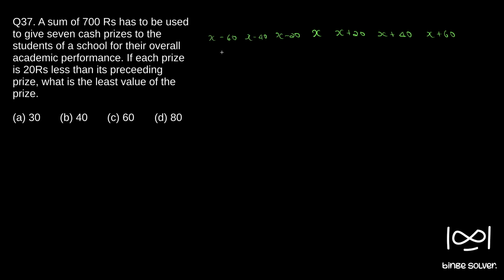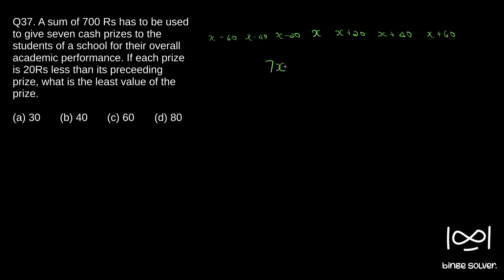So we have 7 prizes, each 20 rupees more as you go from the lowest to the highest. All the conditions are satisfied, and the reason we take it like this is that if you take the sum, all the terms cancel out. Plus 60 cancels with minus 60, plus 40 with minus 40, plus 20 with minus 20, and the sum becomes just 7x.